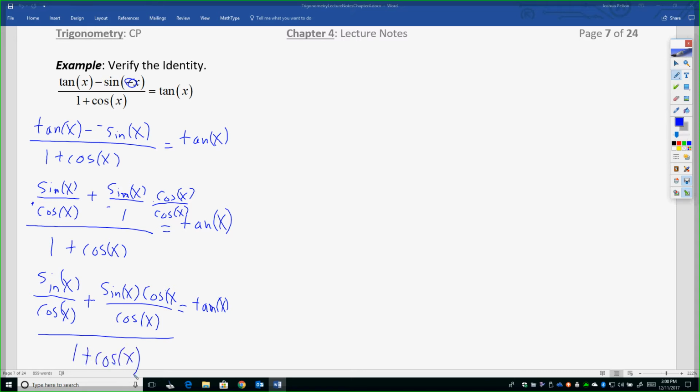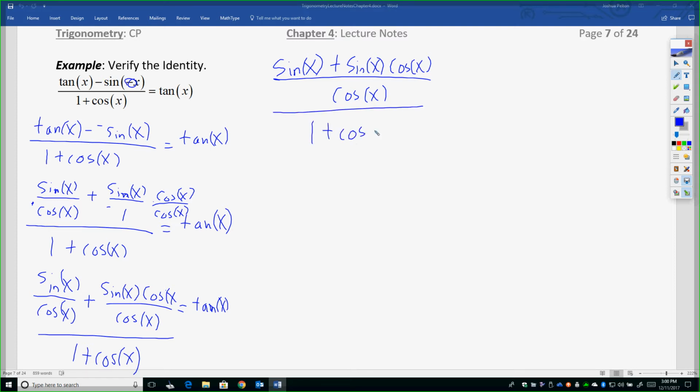Now we can add the numerators, and I get sine of x plus sine of x cosine of x all over the common denominator of cosine, all over the denominator of 1 plus cosine, and the whole thing equals my tangent still.